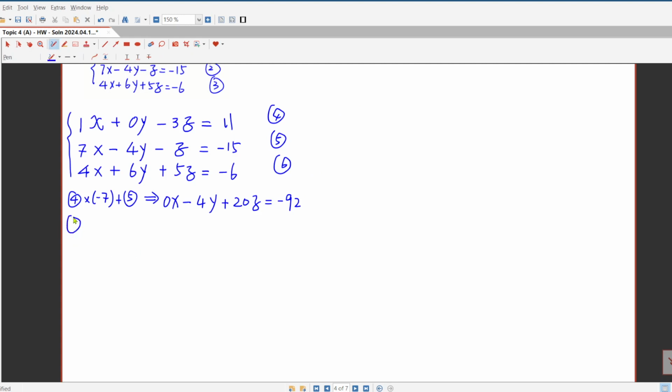And then equation number 4 times -4 added to equation number 6 will give us 0x plus 6y, and -4 times -3 is 12, so plus 17z equals -44 minus 6, which is -50, right?